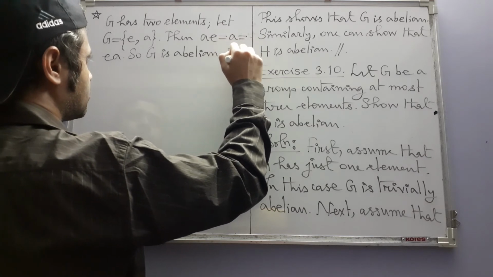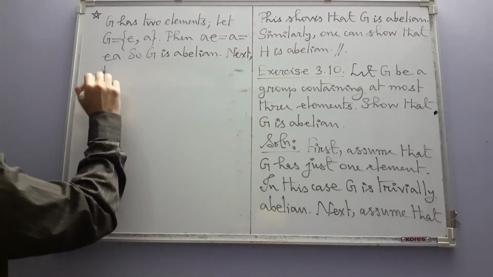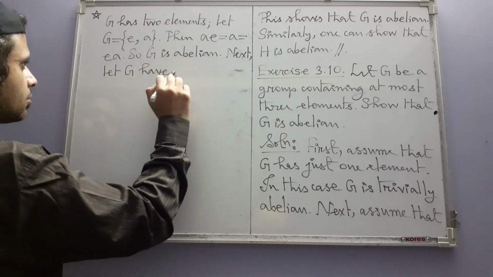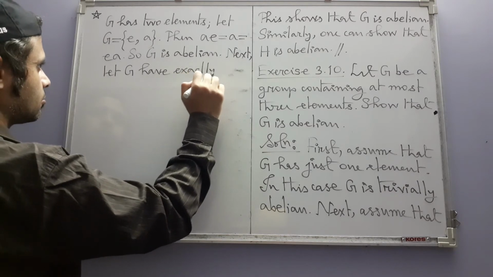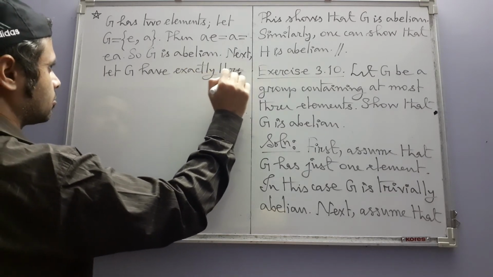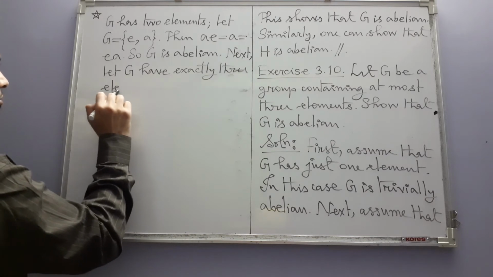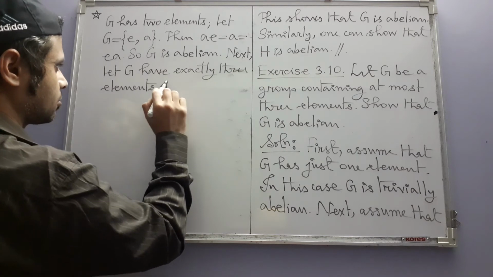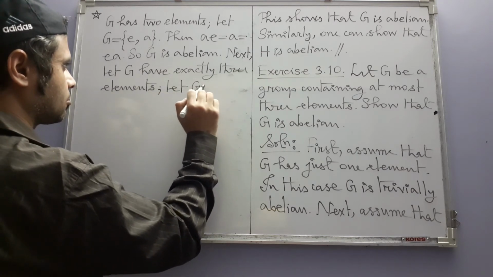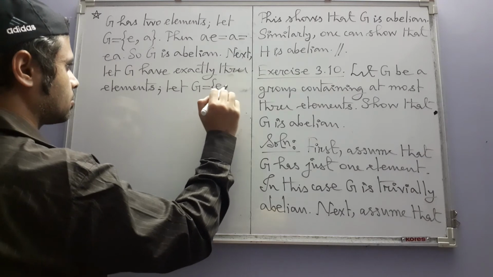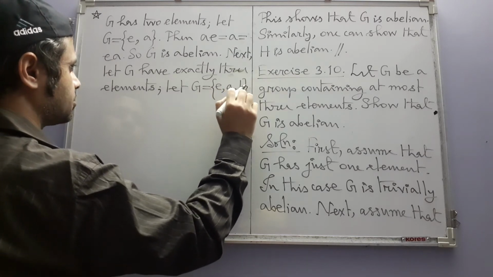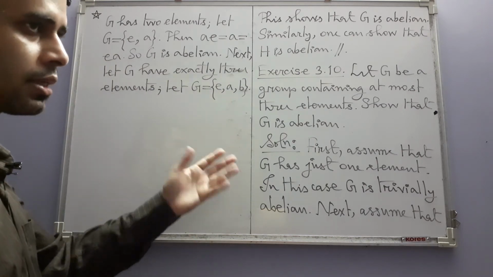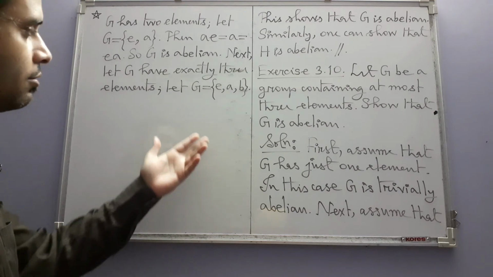Next, let G have exactly 3 elements. And let the elements be E, A and B. E is the identity element, A and B are some distinct elements different from the identity.